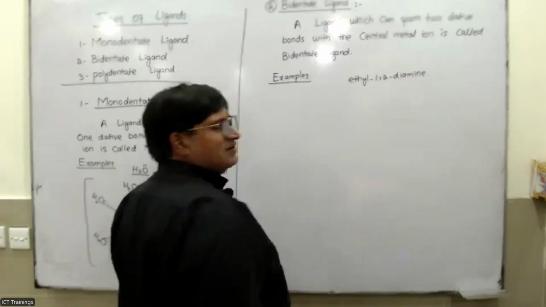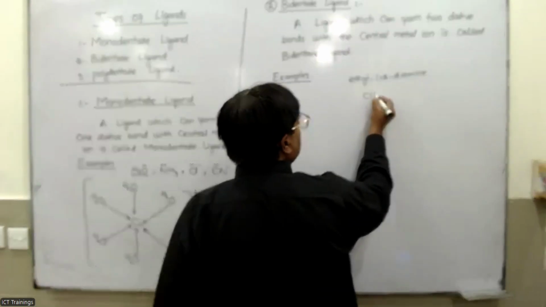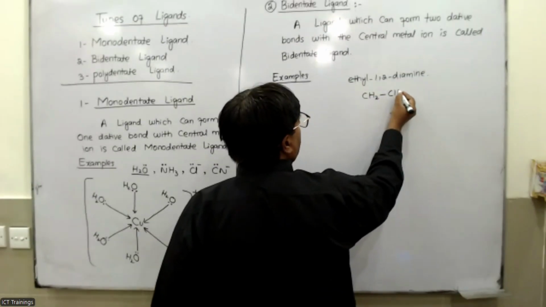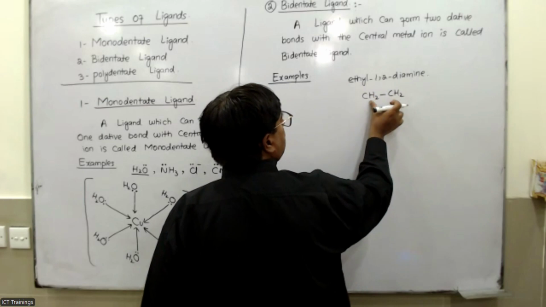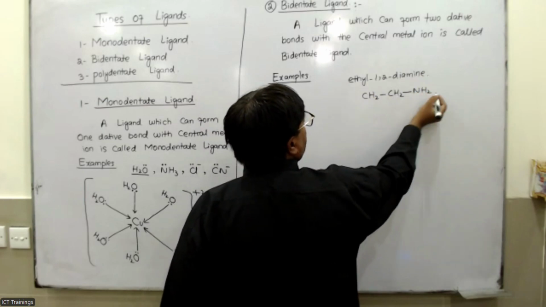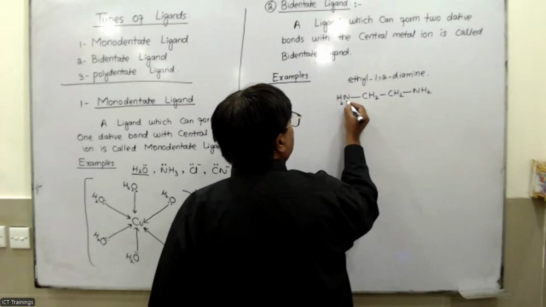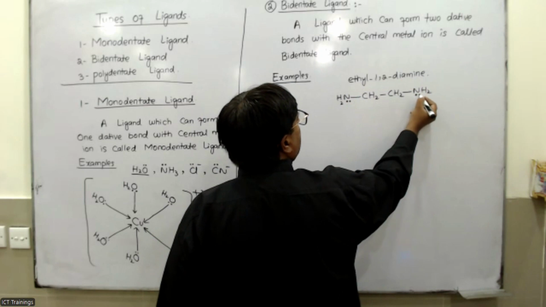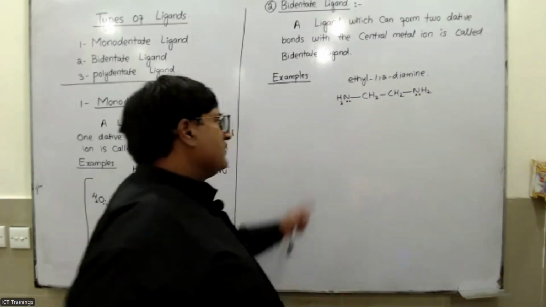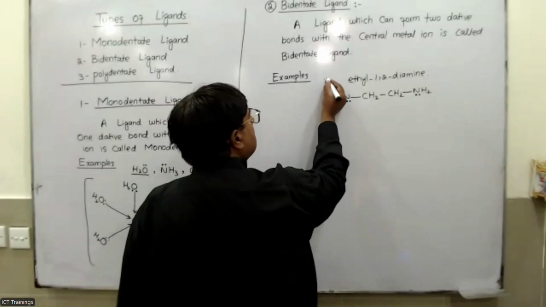So it means you have two carbons, ethyl, two carbon, diamine. So NH2 is attached up here and NH2 is attached up here. This nitrogen can form a dative bond, and this nitrogen can form a dative bond. So two dative bonds could be formed. So this is number one.